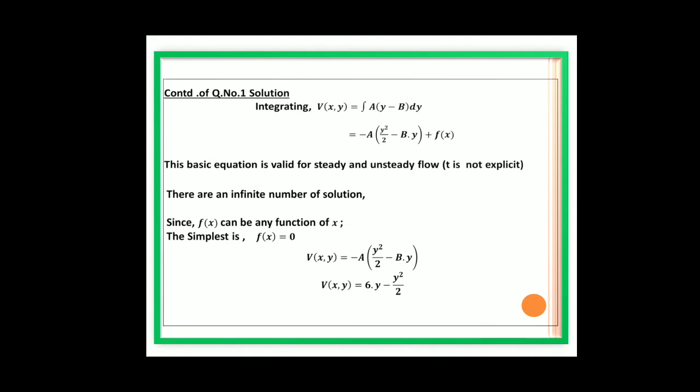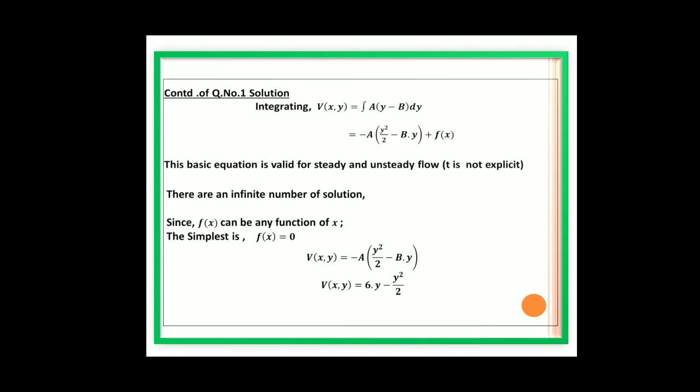Okay, then the second part of the question: integrating v x y. With integration we get the solution minus a into y square by 2 minus b into y plus f x, where f x is any function of x.